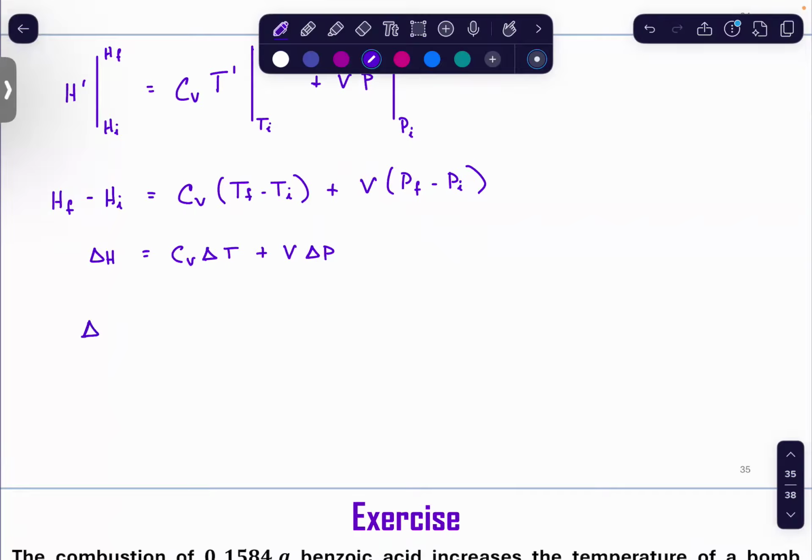So we're going to end up changing that to our M. Put that mass in there so that we can get everything in terms of joules or kilojoules. And so once again, we're back at QV plus V delta P.